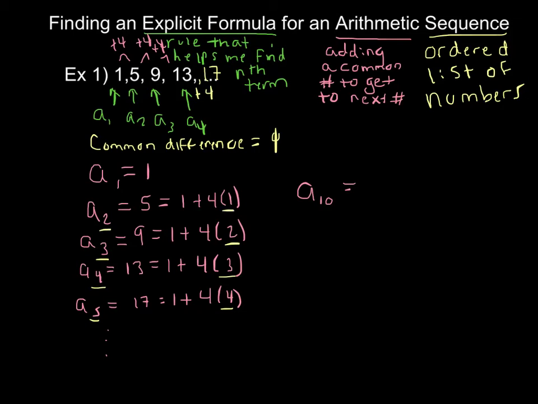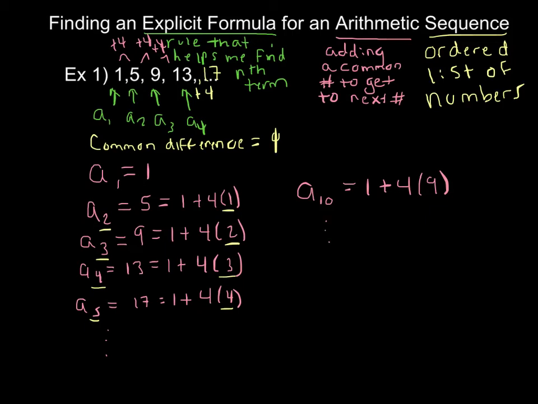And then also note what's the same in each of these equations. What's definitely the same is that 1 and my common difference, which is 4. What's changing is the number of times I'm adding the 4. And that looks like it's always 1 less than the subscript.